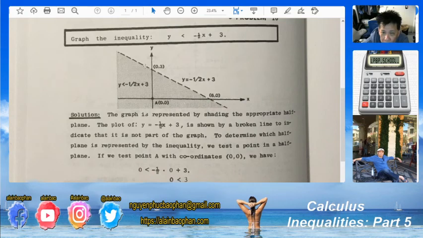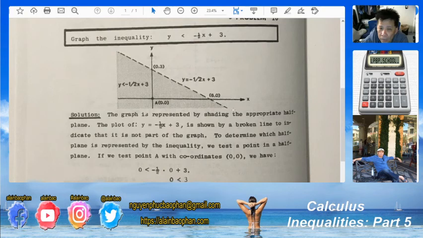This equation is y equals minus 1/2 x plus 3. Okay, so we are done with this, and then we need to find the region where y is less than minus 1/2 x plus 3.